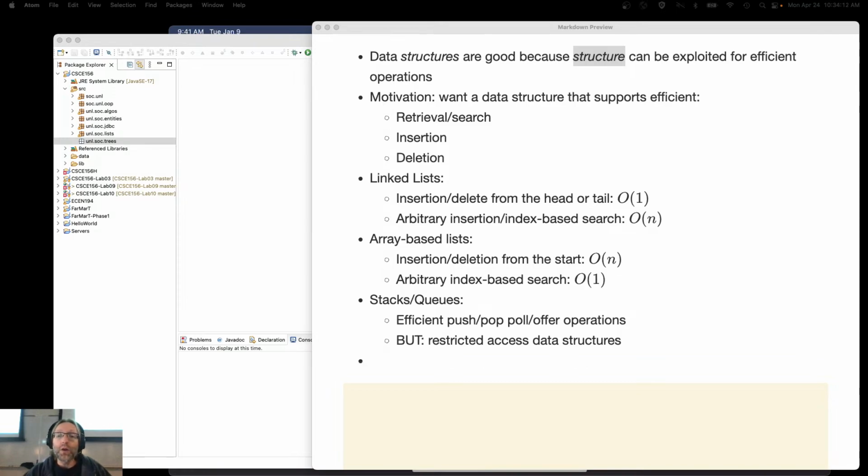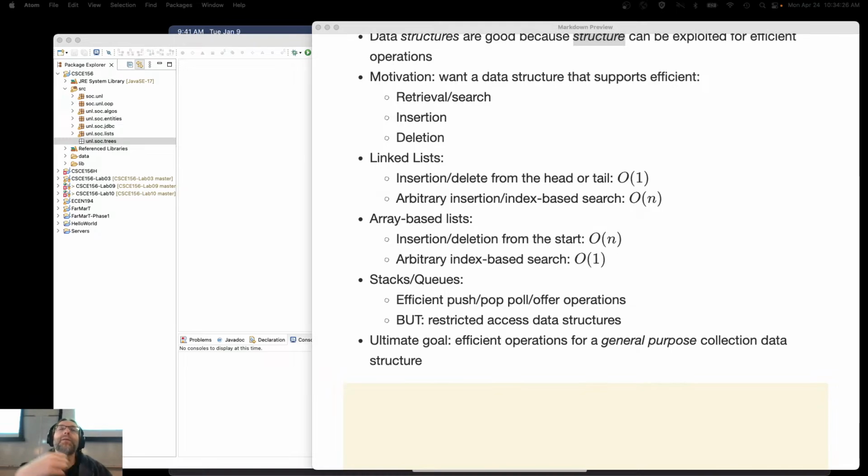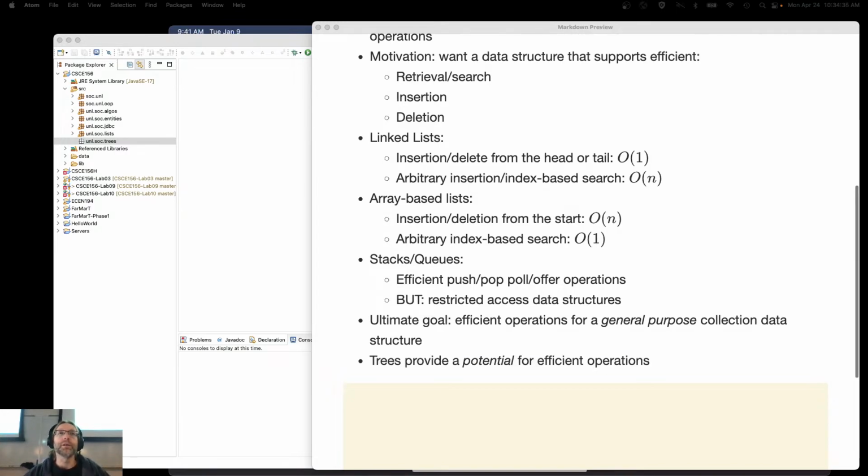All right. So our ultimate goal is going to be efficient operations for a general purpose collection data structure. And we're going to set the foundation for this in this module by looking at trees and tree-based data structures, because they provide the potential for efficient operations.